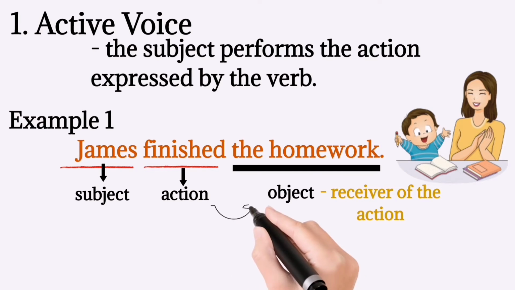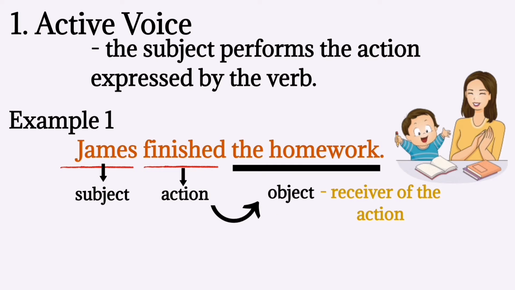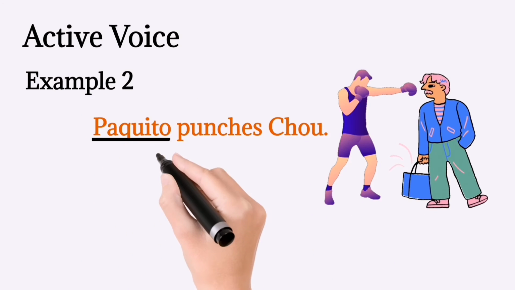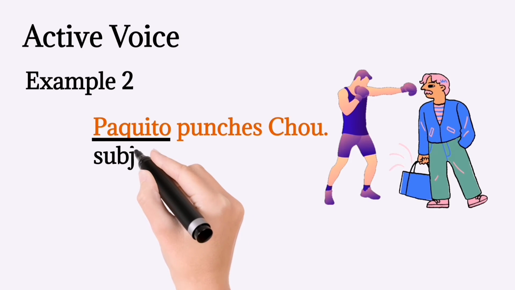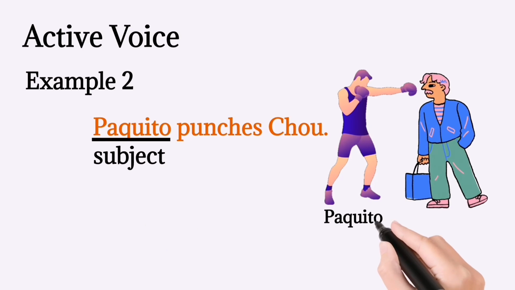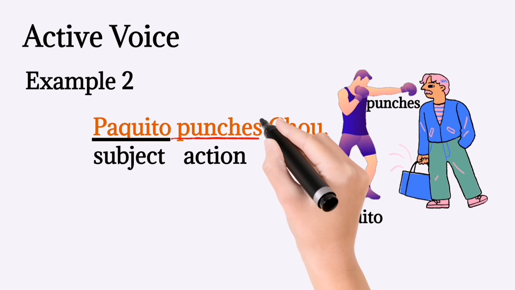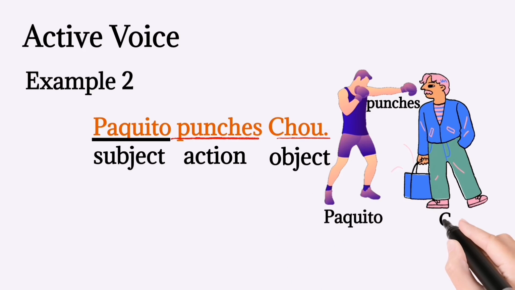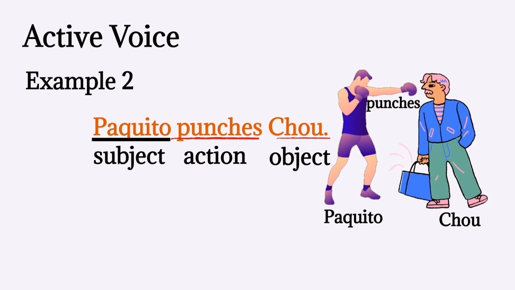The homework received the action acted by the doer, who is James. Let's try to put that in this way to better understand the concept of the object. Paquito punches Cho. Paquito is the subject of the sentence, who is the doer of the action, which is punches. And this action is acted to, or received by Cho. Who received the punch? It's Cho. So, Cho is the receiver. Therefore, Cho is the object of the sentence.